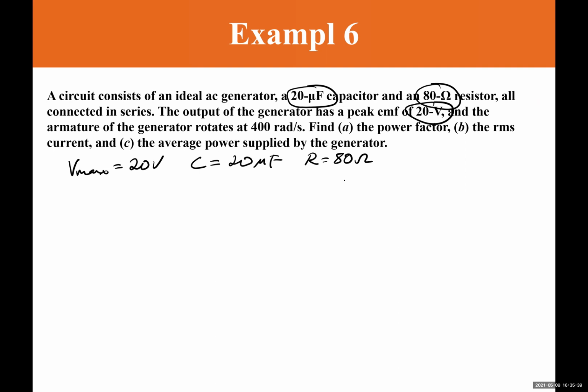Okay. Now it says that the generator rotates at 400 radians per second. So 400 radians per second is basically given the frequency, right? Omega is equal to 400 radians per second. All right, so here's a circuit.